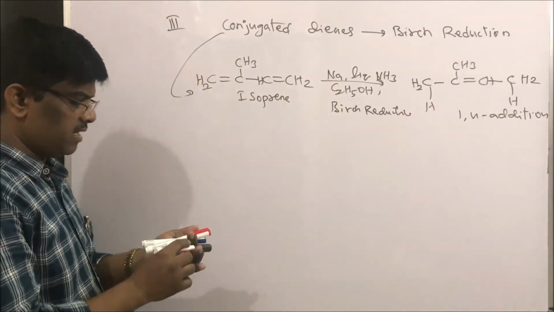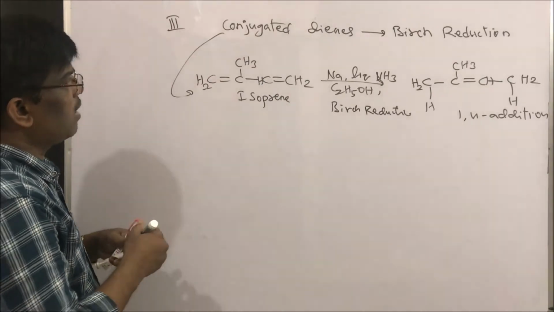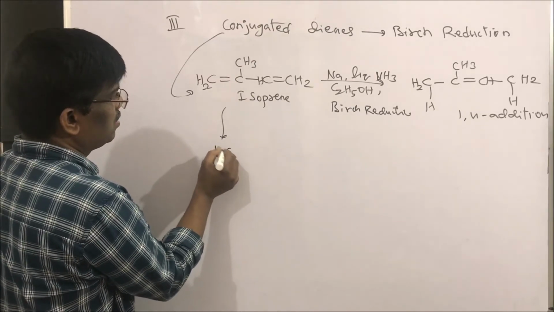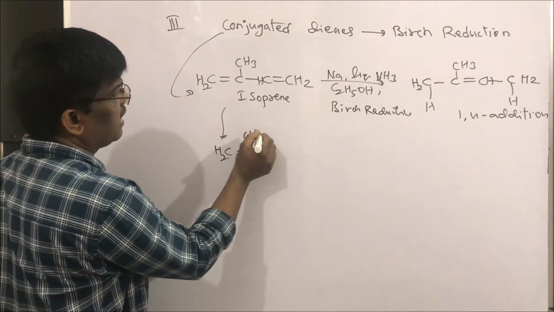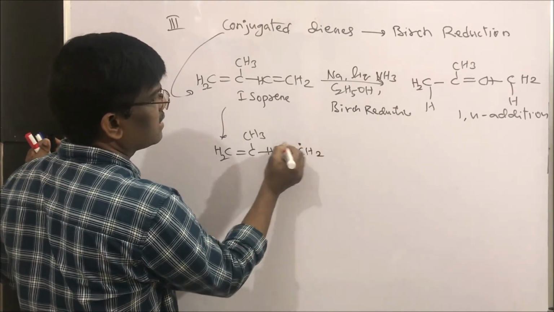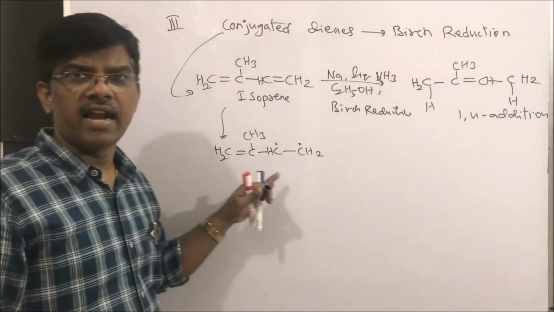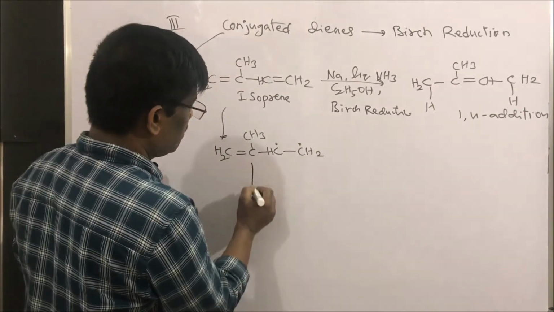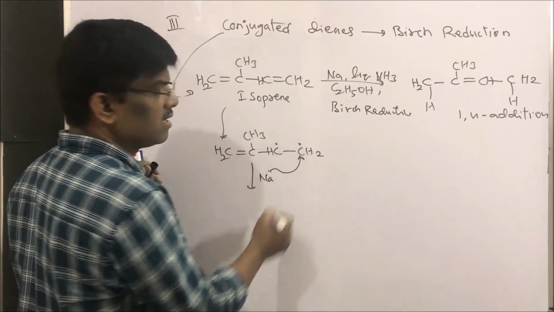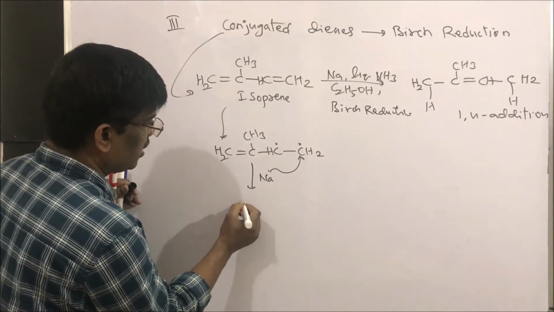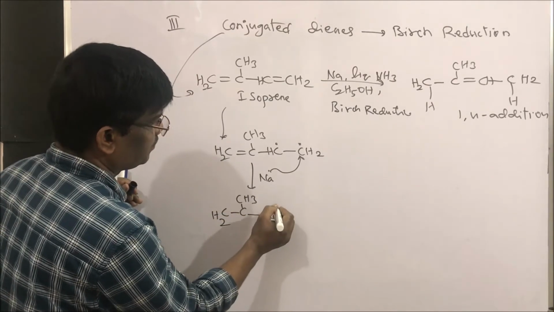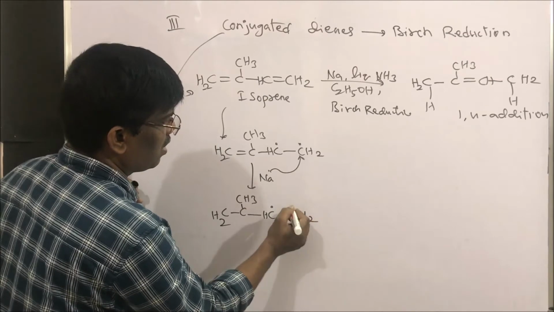How? Let us see the mechanism. Yes, students. So what happens if I write the resonance structures of this CH2, CH3 and CH double bond, if I make it a radical? What is happening? When I add sodium, this radical takes up an electron and it is going to give CH3, CH2, CH radical and CH2 anion.